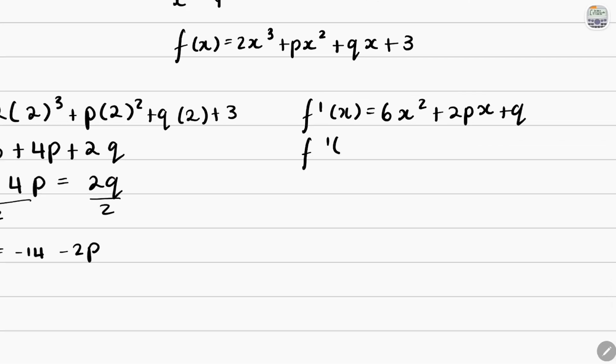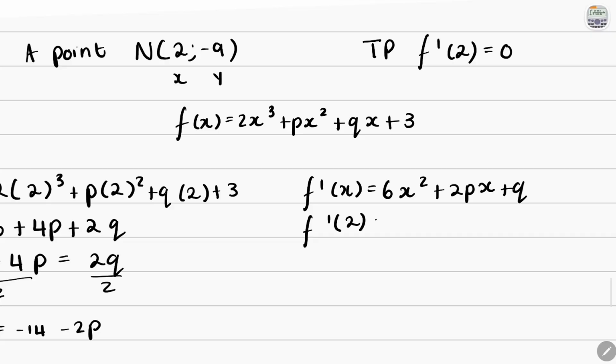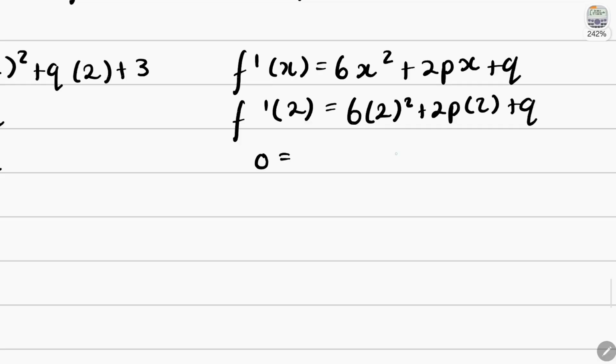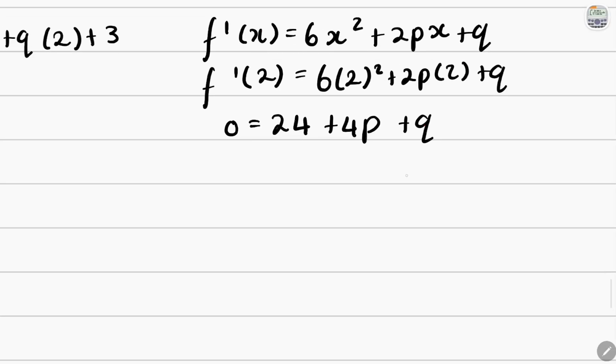And now we're specifically going to find f prime of 2. We put 2 in place of x: 6 times 2 squared plus 2p times 2 plus q. And we know that f prime of 2 is equal to 0 because the gradient is 0 at that point. So that's going to be 4 times 6 is 24, and then plus 4p plus q equals 0. Great. Q can also be made the subject here.